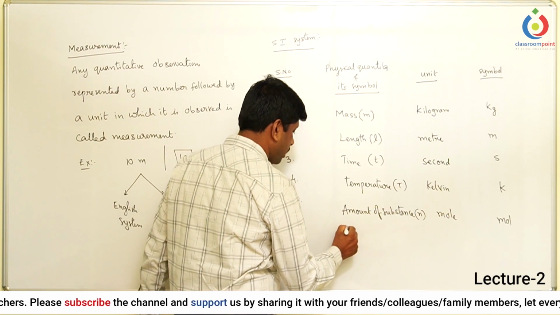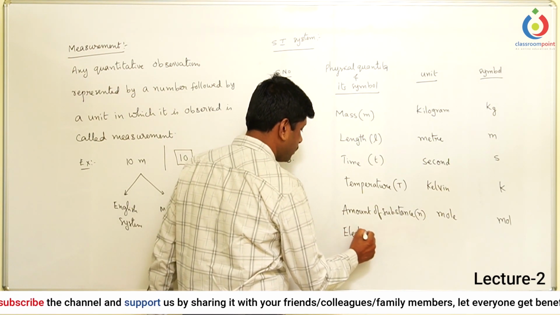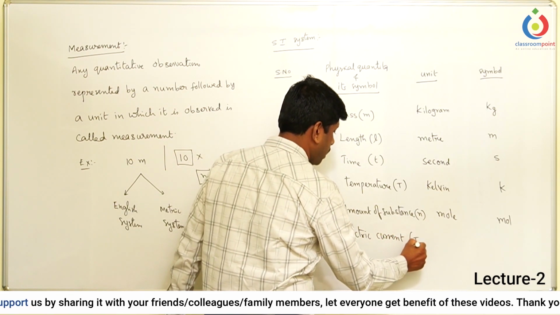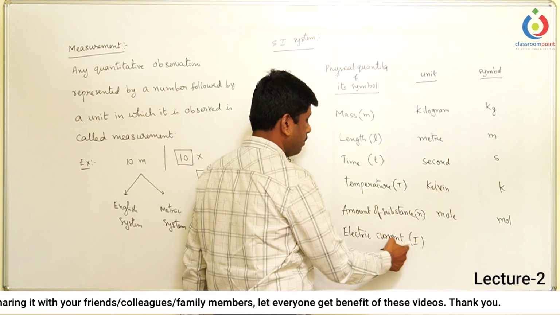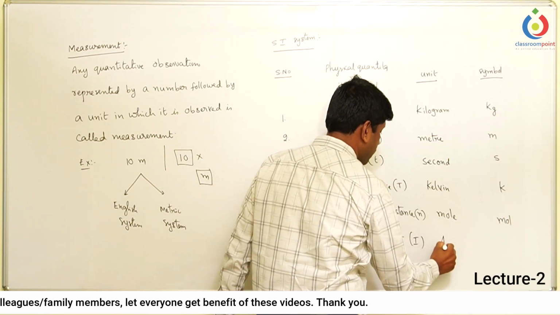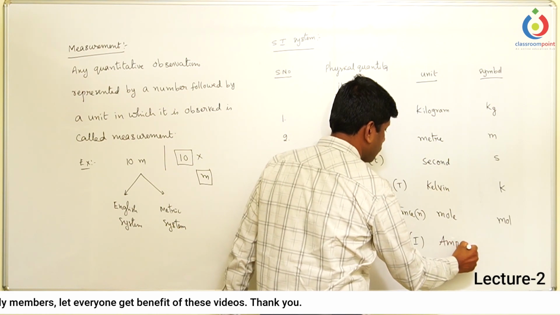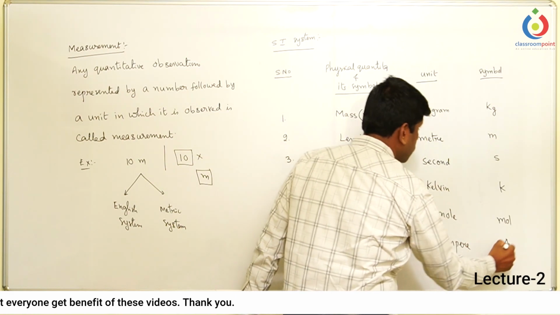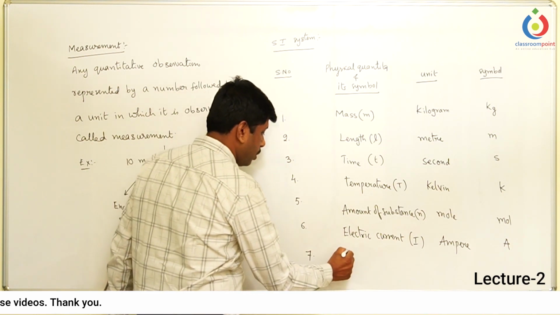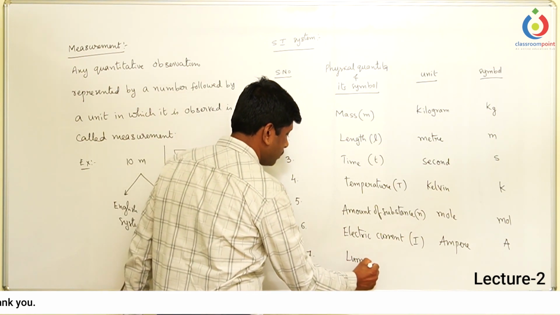6. Electric current. I is the symbol of the physical quantity, but its unit is ampere. Unit symbol is capital A. 7. Luminous intensity.